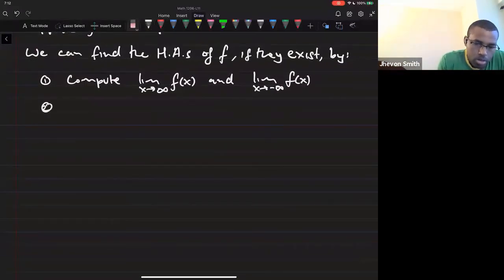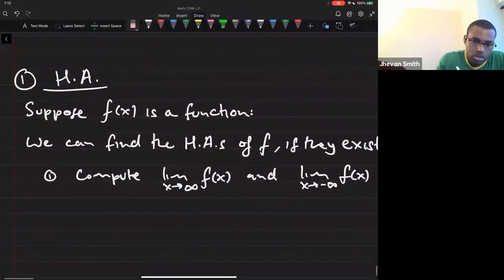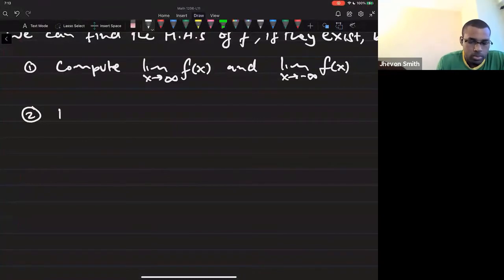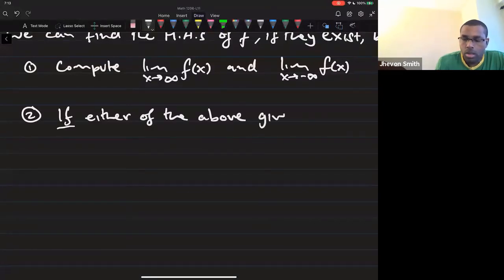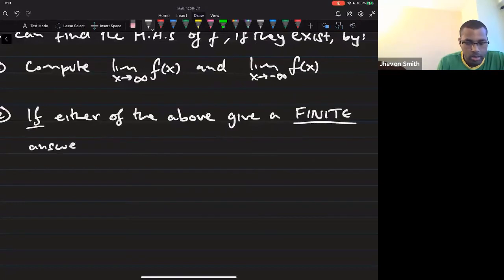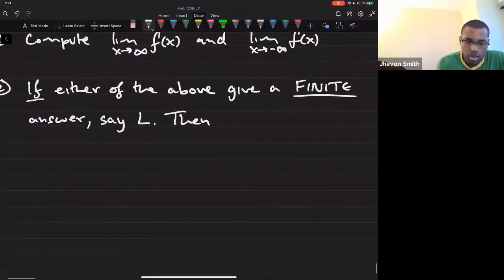And 2, if either of the above give a finite answer L, then y equals L is a horizontal asymptote.